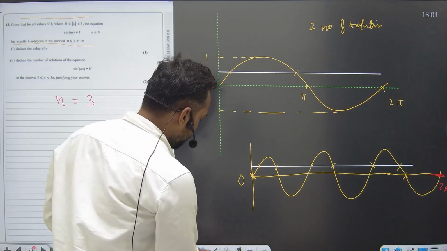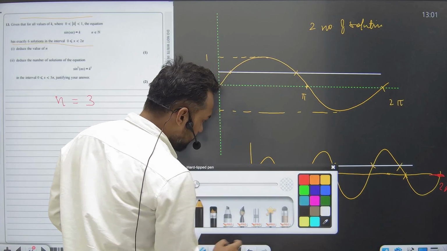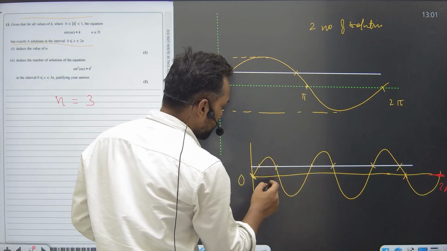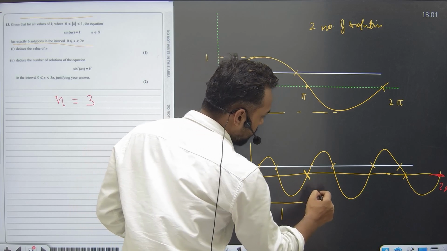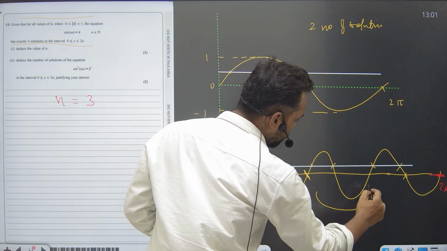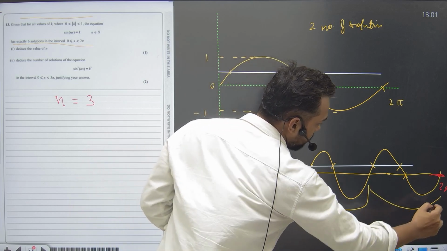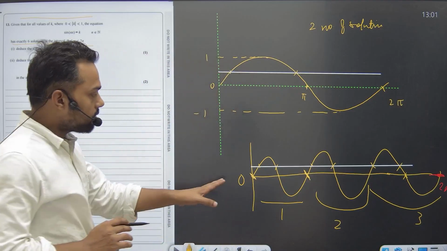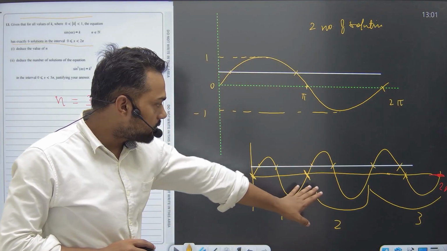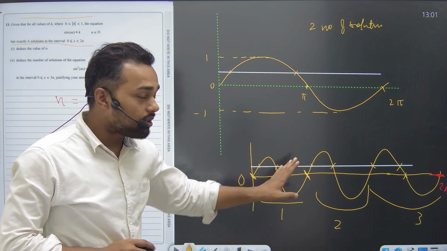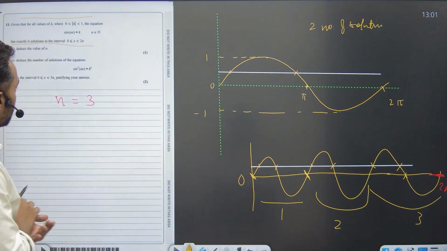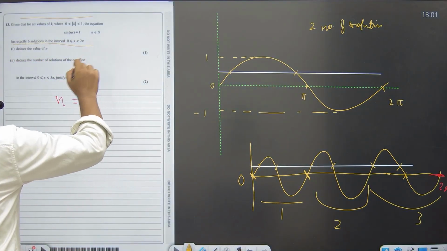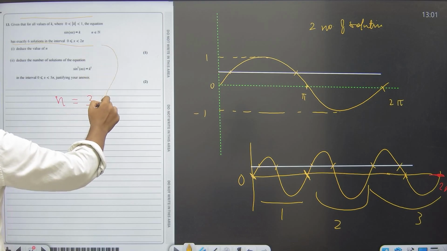From here we can see that 3 periods are possible: this will be the first period from here to here, from here to here the second period, and from here to here the third period. So for 3 periods only, 6 solutions are possible. This is how we need to interpret it. So n should be 3. We have deduced the value of n.